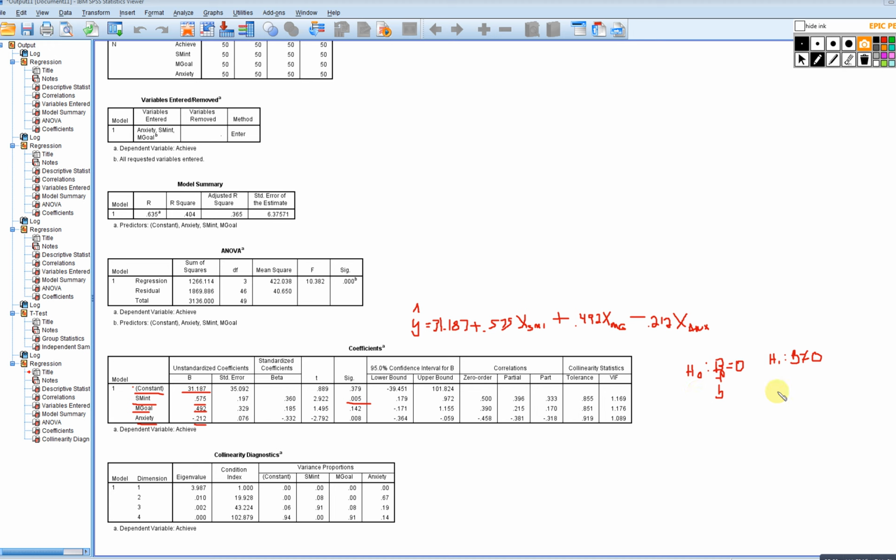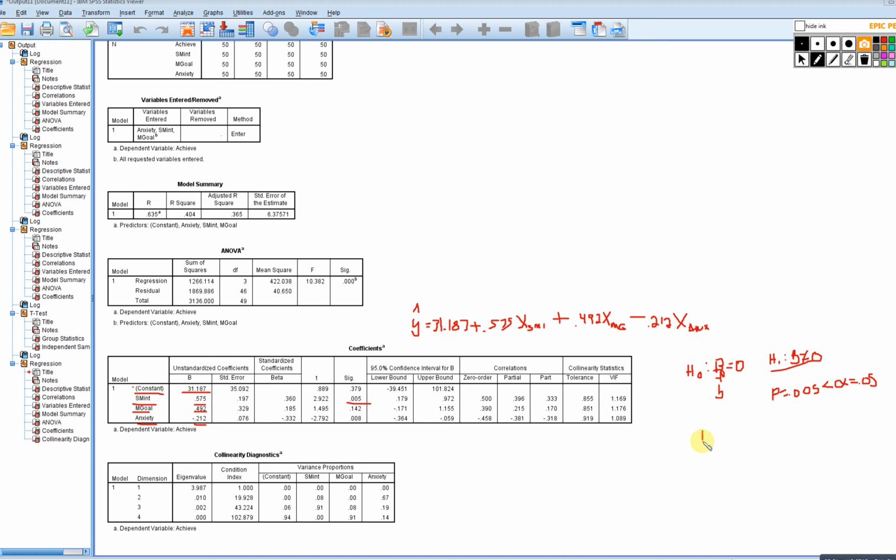So our p-value, which happens to be equal to 0.005, is actually less than our alpha level that we had set at 0.05. So that allows us then to reject the null hypothesis and conclude in favor of the alternative for that individual predictor.